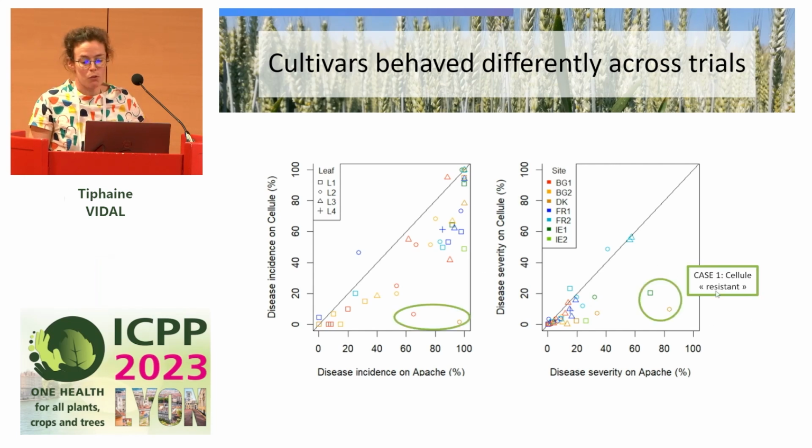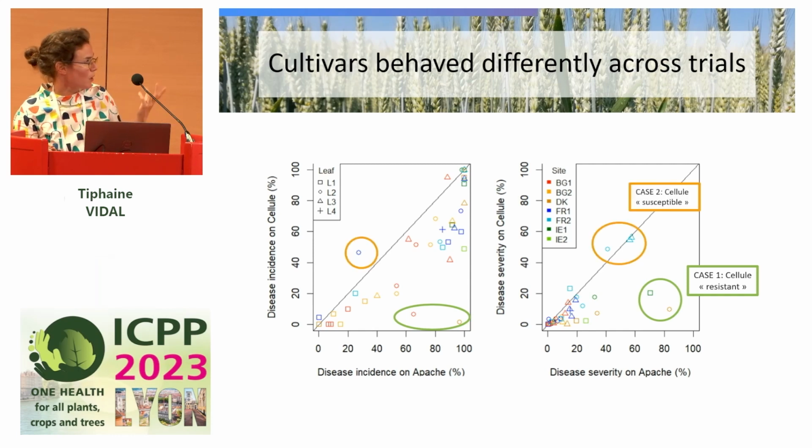Here we have the case when Cellule is resistant, which means that we have high disease pressure, represented with high severity on Apache. But despite that, Cellule is resistant. So that's the expected case when the resistance gene is efficient. But we have also other cases.